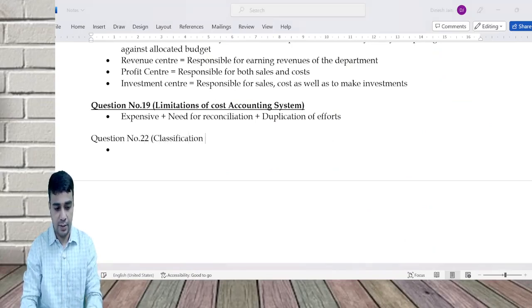Classification on the basis of variability slash behavior.